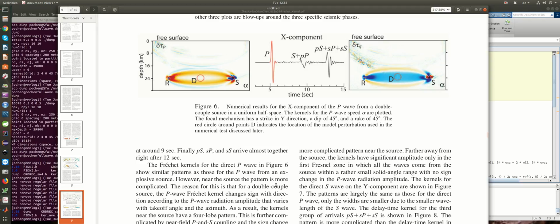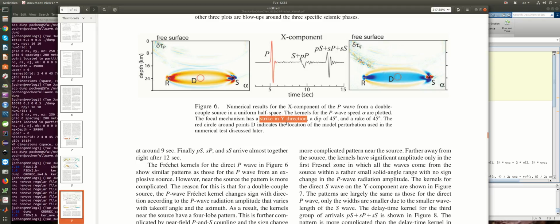Then it means the focal moment has strike in the y direction. That's AWP's y direction, which is equivalent to SW4's x direction, right? So in SW4's coordinates, the strike is supposed to be in the x direction. That's in the north, I think.